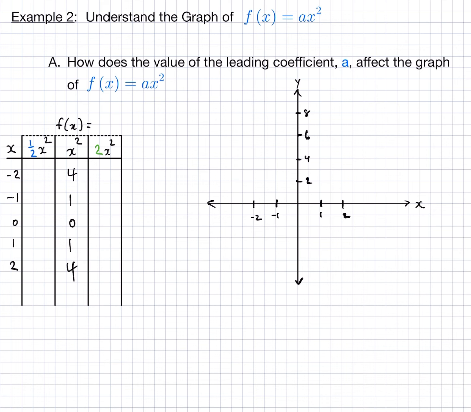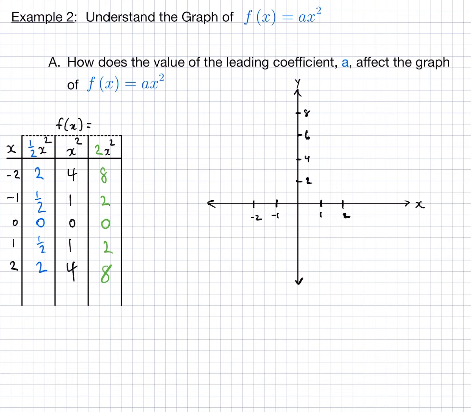So that's going to be 8, 2, 0, 2, 8. And then this column here is going to be half the value of this column. So half of that value is going to give us 2, 1/2, 0, 1/2, 2.